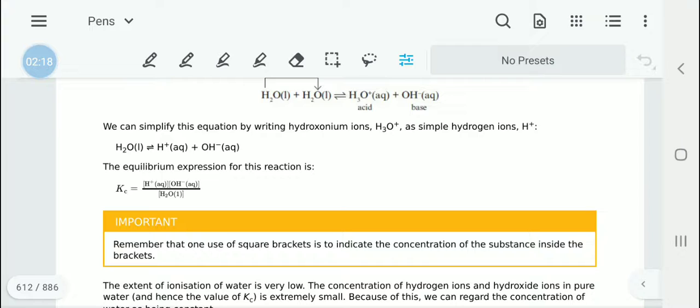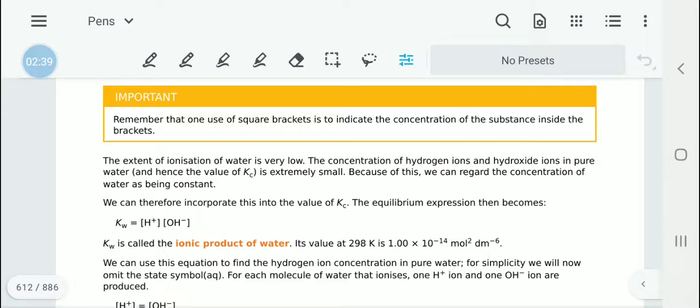So we write an equilibrium reaction for this. Kc equals H+ aqueous concentration, you know that the square brackets are used to represent concentration, multiplied by OH minus ion aqueous concentration, divided by H2O concentration. Because the extent of ionization of water is very low, the concentration of hydrogen ions and hydroxide ions is very, very small.